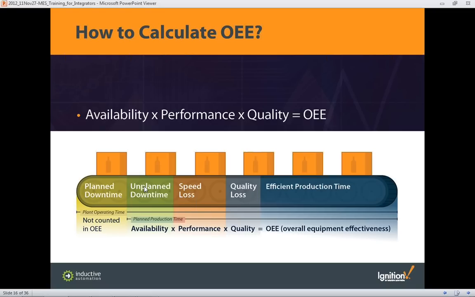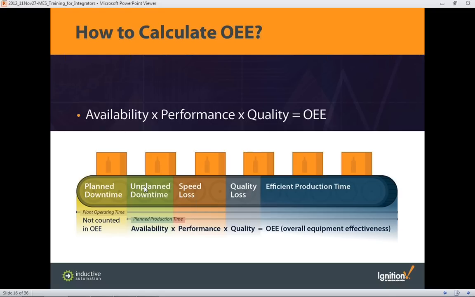And it's also worth noting, too, in some situations it's not very practical to implement all of these. Or don't implement them all at first. Maybe quality is kind of a bigger challenge to determine the losses there. You can still implement it with availability and performance and then come in with the quality later on.